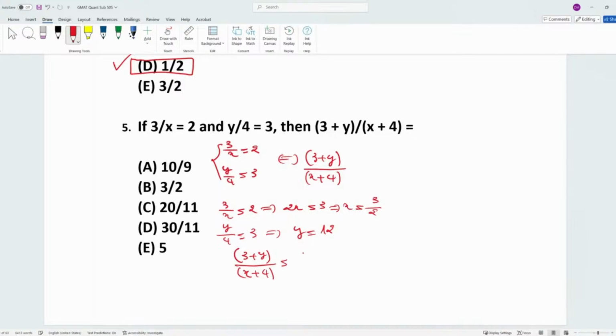We definitely know that this is going to be 3 plus 12, because y is 12, over 3 over 2 plus 4, because x is 3 over 2. Then this will give us 15 over 11 over 2. Then we will say 15 times 2 over 11 is equal to 30 over 11. Okay, so answer B is the correct answer.